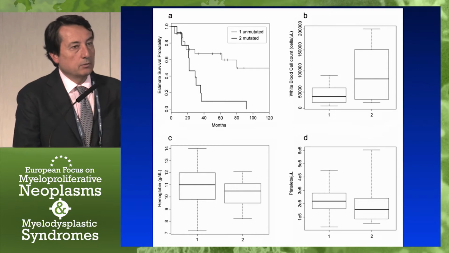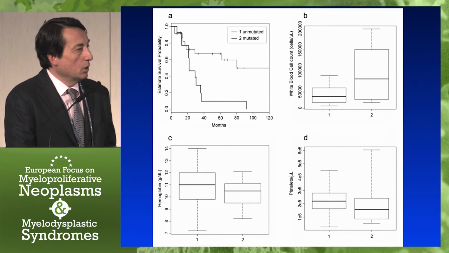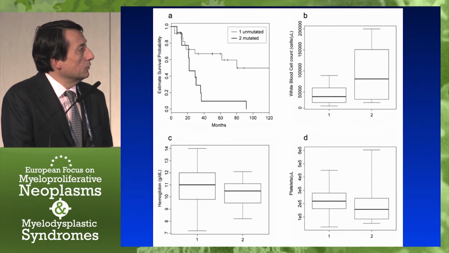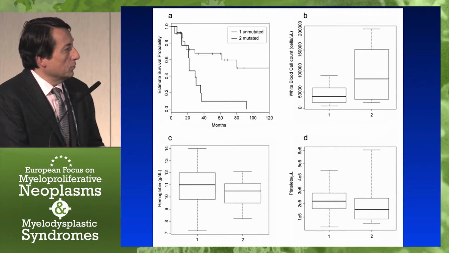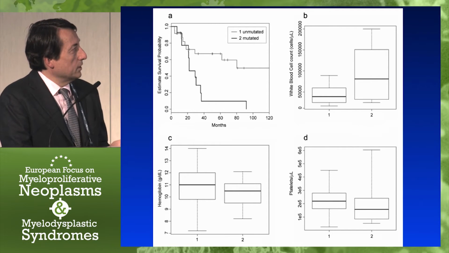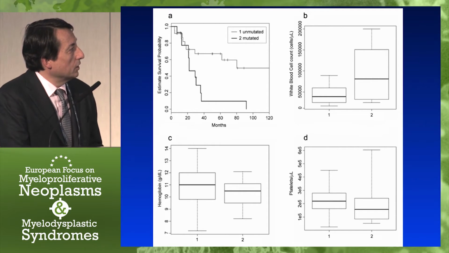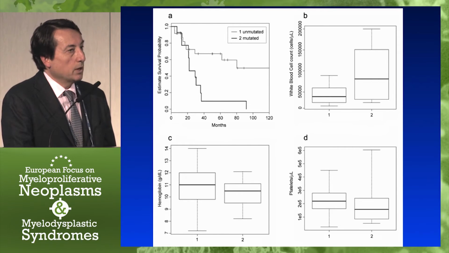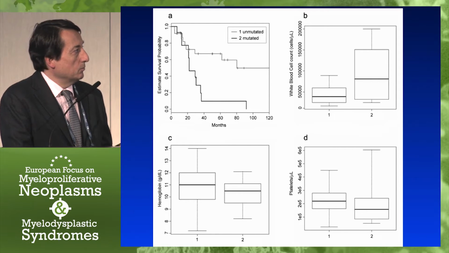From a clinical point of view, what we saw, and has been confirmed by papers from both Dr. Tefferi's group and also from Professor Solari's group, is that the presence of mutation of SETBP1 is associated in a multivariate analysis with a definitely worse prognosis.